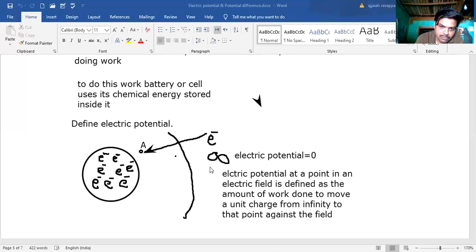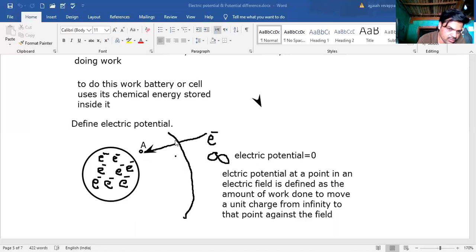See, at the point of infinity, an electron is placed. I need to move this electron from infinity to point A. So from point infinity, till this point I can easily move without much effort.